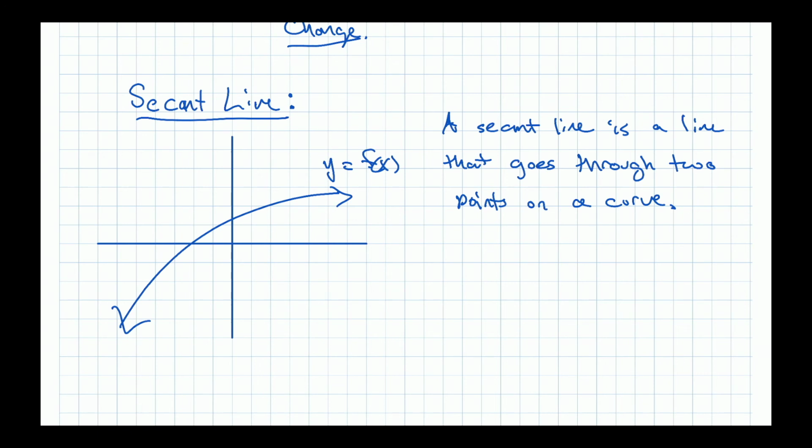Like so. If I put a point here, and I put a point here, and then I basically connect the dots with a straight line. Draw a straight line, connect the dots. Let's just say that that goes through those 2 points. Okay, that's a secant line.